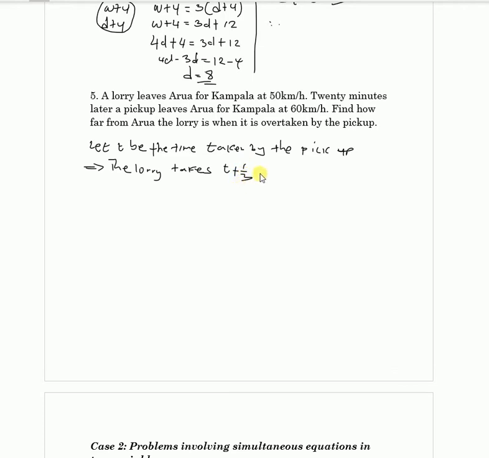We are writing a third of an hour because it is 20 minutes and the speed is given in kilometers per hour. 20 minutes means 20 divided by 60, to get us a third, 1/3 hours. That's what we have there.